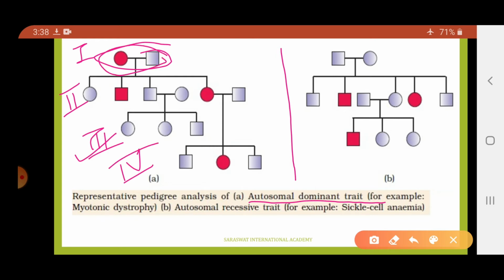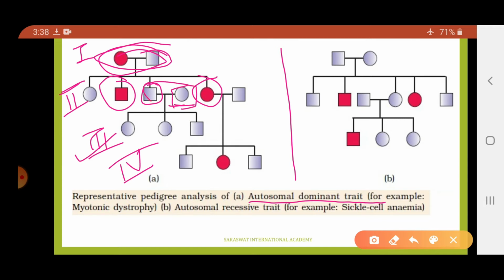Now see, a mating between an affected individual and a non-affected individual. Here in the second generation you can see that we have affected individuals, and we also have unaffected individuals. Say for example, the male in the second generation is unaffected, and that male is marrying a female who is again unaffected.